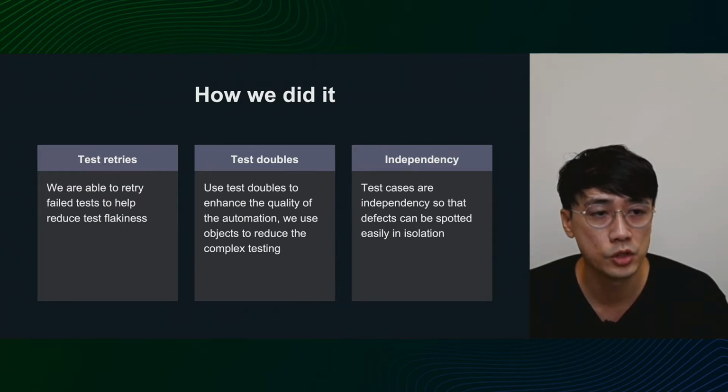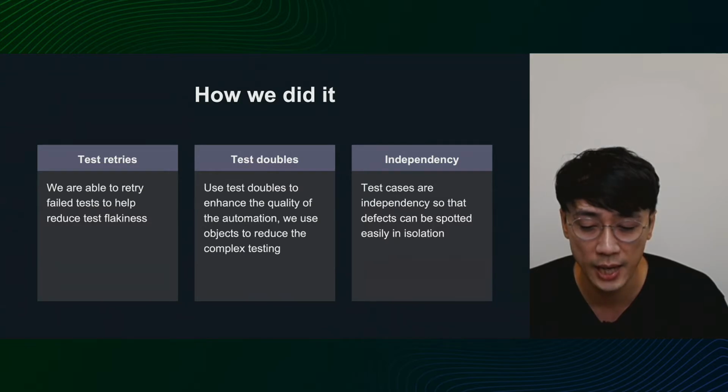The test double is a generic term for any case where you replace a production object for testing purposes. So we use test doubles to enhance the quality of automation. We use them to reduce component dependencies in testing. Three, independence. We also use test isolation. So the test cases are independent so that defects can be spotted easily in isolation.